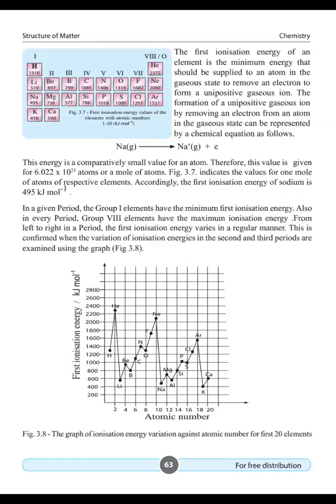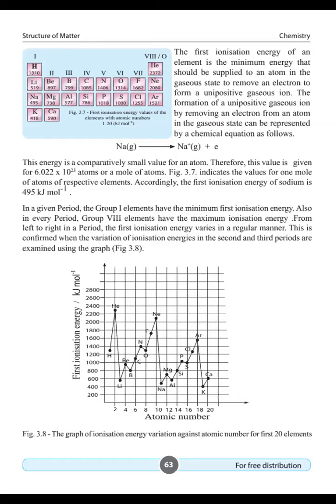Therefore, first ionization energy is defined in kilojoules per mole, not per atom, because for one atom it is very small. Therefore, we define it for 1 mole.